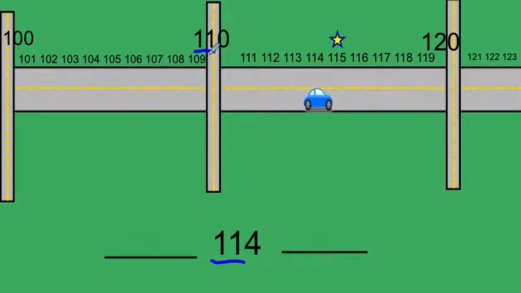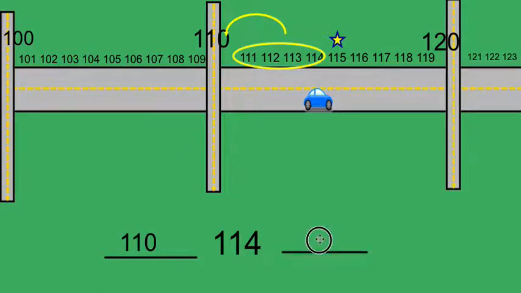And our next one after 110 is 120. So you have to think about where the car is. It's here, it's not to the halfway mark, so then it would just round back down to 110. Because 114 is between 110 and 120, it would round down to 110.